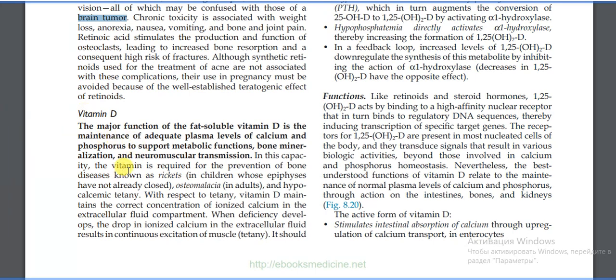Deficiency of vitamin D is known as rickets if it is present in a child, and in adults it can cause osteomalacia. You have probably heard about vitamin D deficiency. It usually happens in persons in northern countries without proper exposure to ultraviolet light.